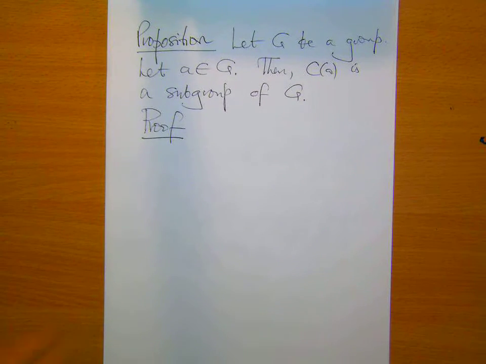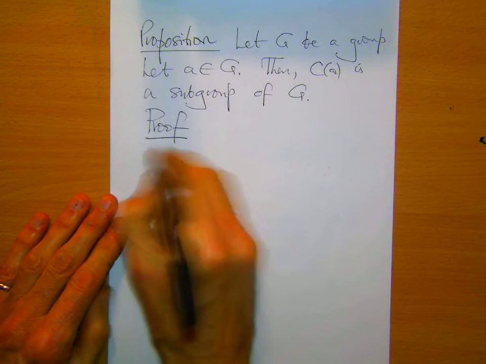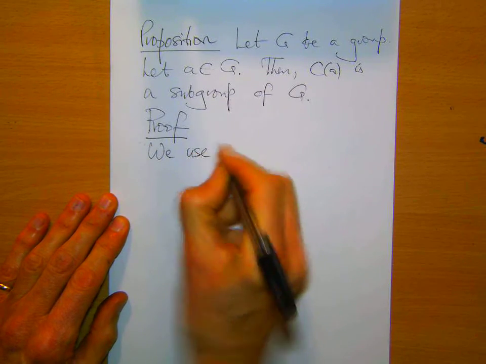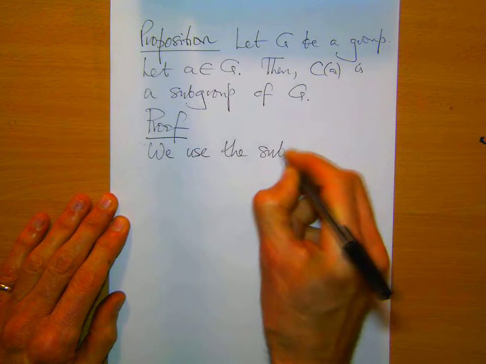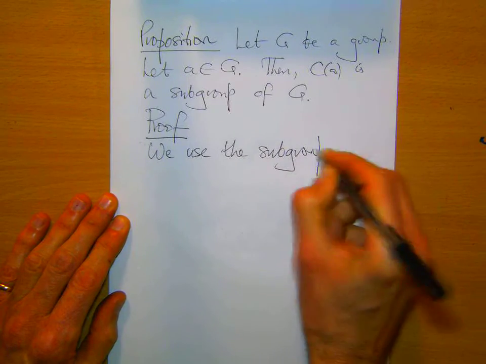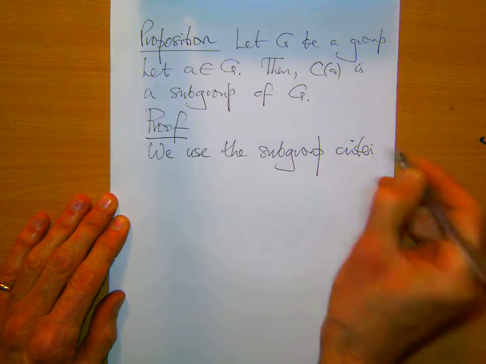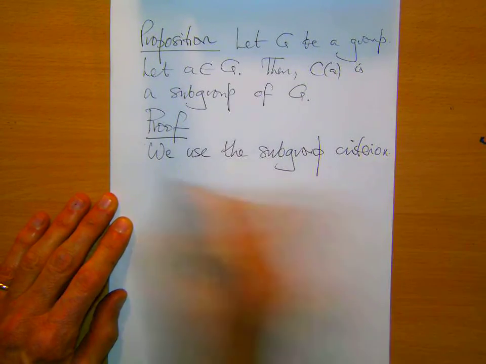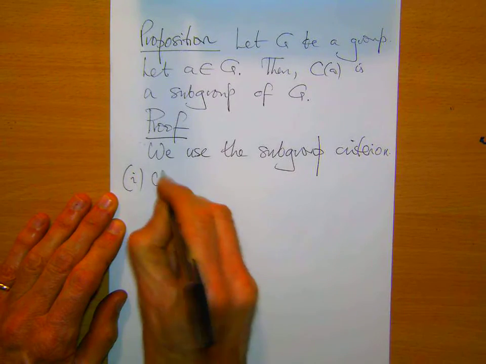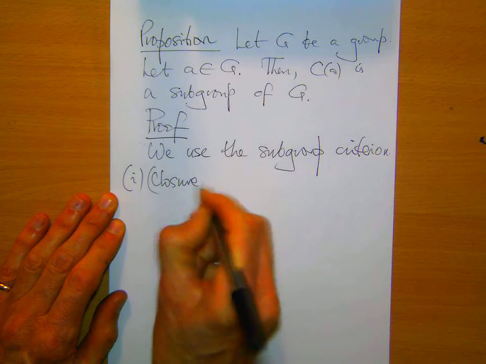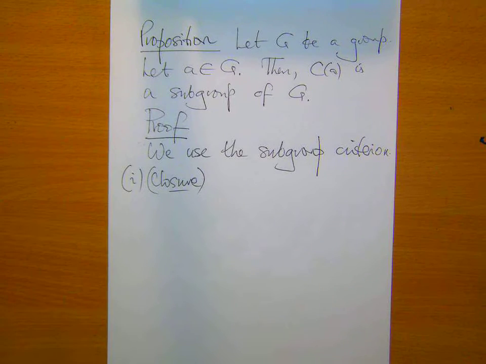Okay, so we use the subgroup criterion, or criteria. So the first thing is closure. So we take two elements in our subset, we multiply them together and check that the product is again in the subset.